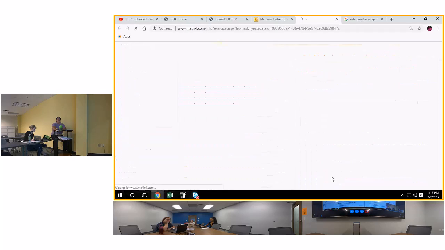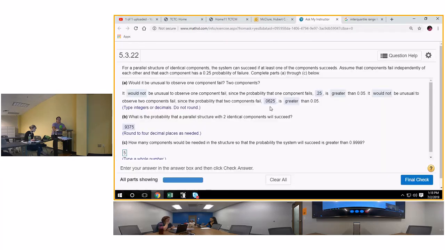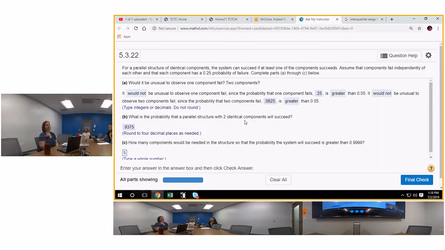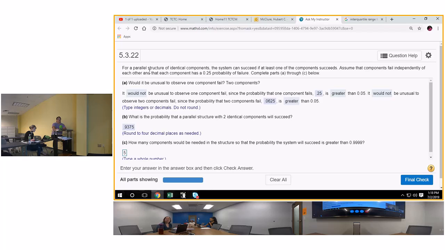Number 12. For a parallel structure of identical components, the system can succeed if at least one of the components succeeds. Assume that components fail independently of each other and that each component has a 0.25 probability of failure.